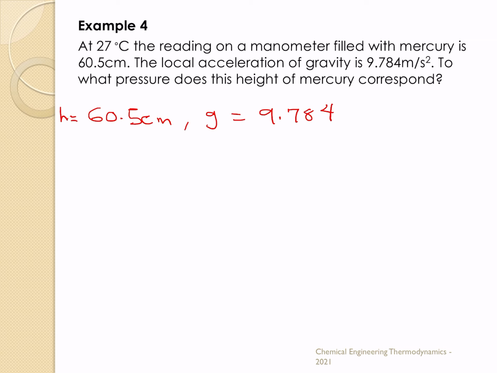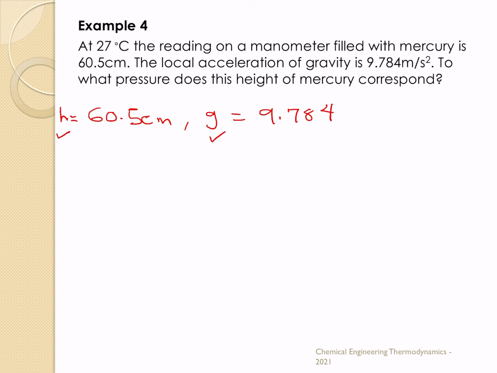Even though it's not written here, one of the values you would ordinarily be given is the density of mercury. But the question is, what formula? Based on the fact that we have H and we have G, what formula do we use?